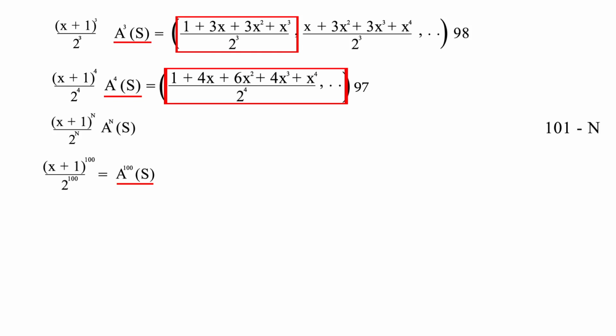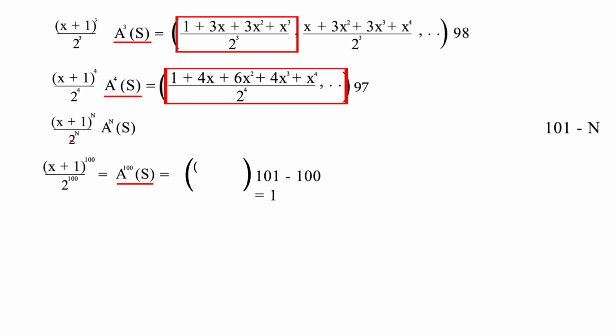Okay, and what's interesting about A100S, how many terms will there be using this formula? 101 minus n, which is just one term. This will only have one term. And that one term, if you were to make a list, it will be this guy right here. That's the only term.